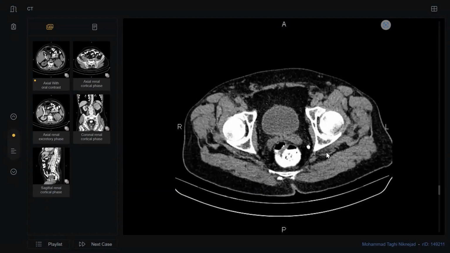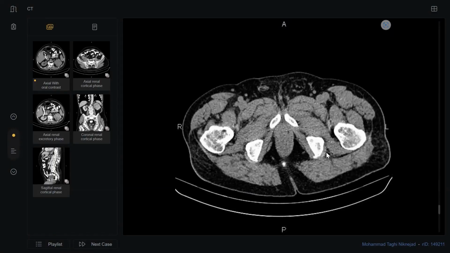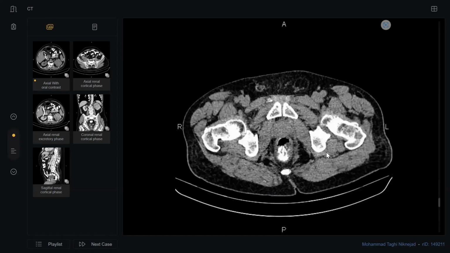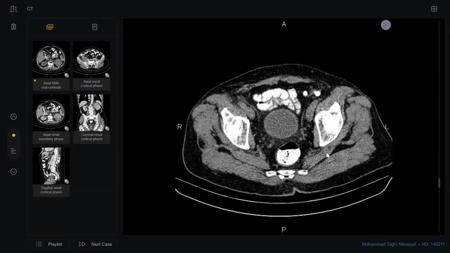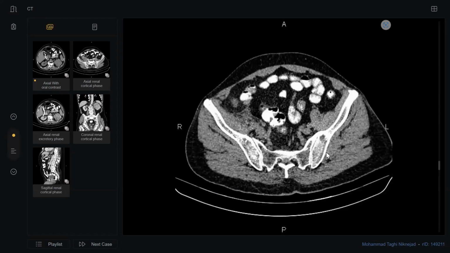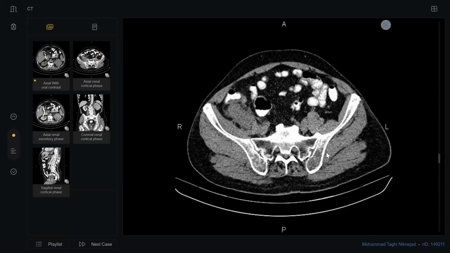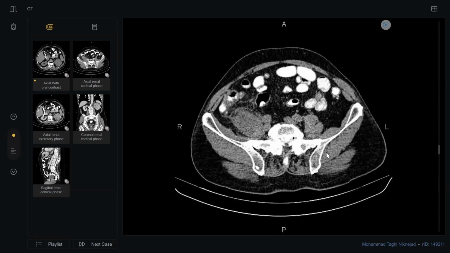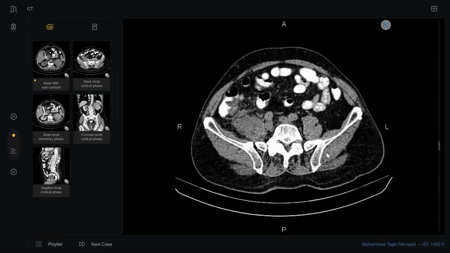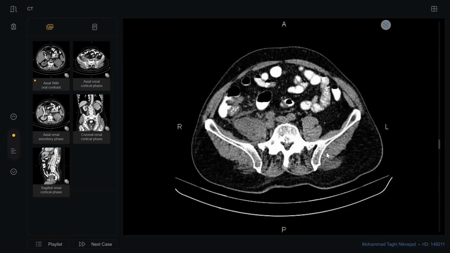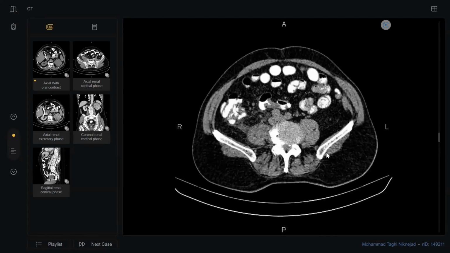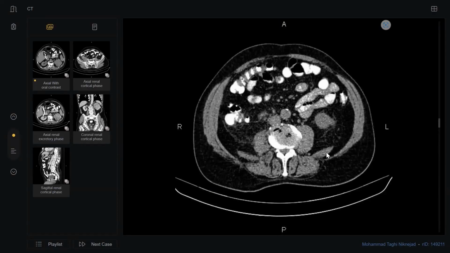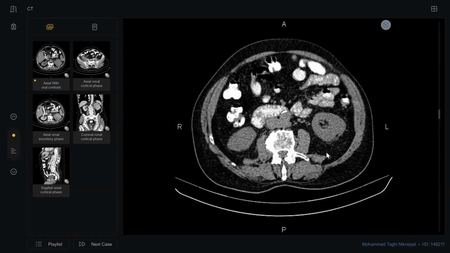So the patient has come with right lower quadrant pain. So I'm in the right iliac region. I'm seeing an isodensity, which is small in calcific density, seen along the right psoas major muscle with surrounding fat stranding. I'm just coming to the renal.